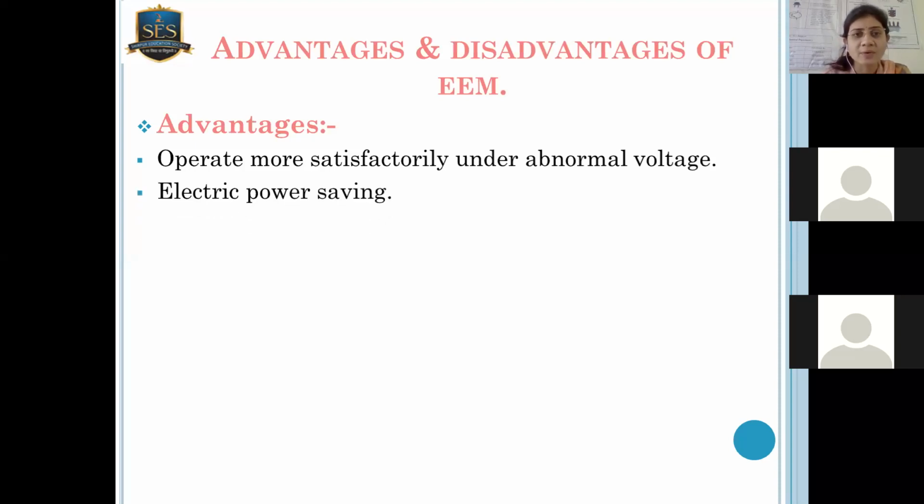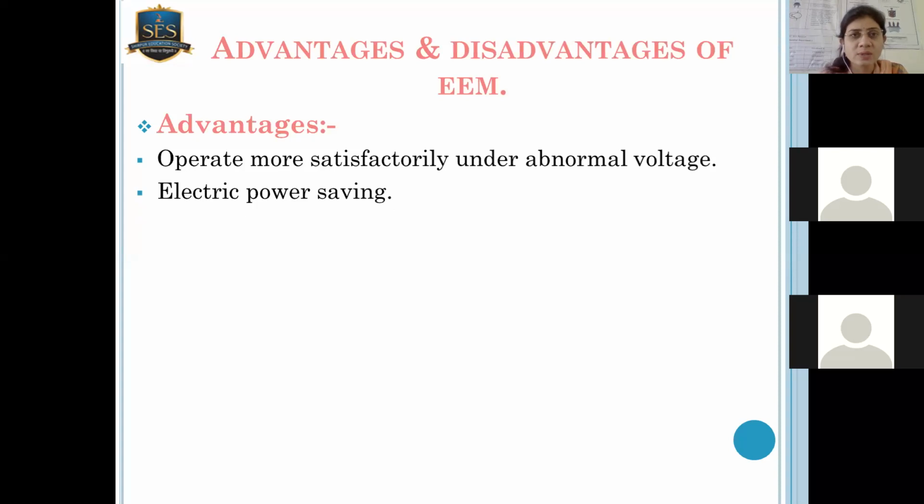It saves power. We utilize it for power saving. So how can it save power? We already discussed that the design of that motor is improved. There are no leakage fluxes, and high flux density materials are used.